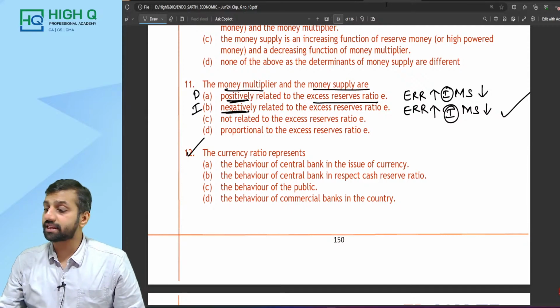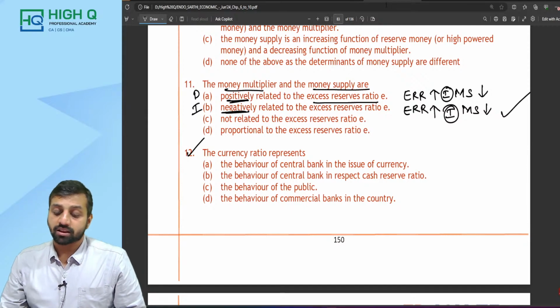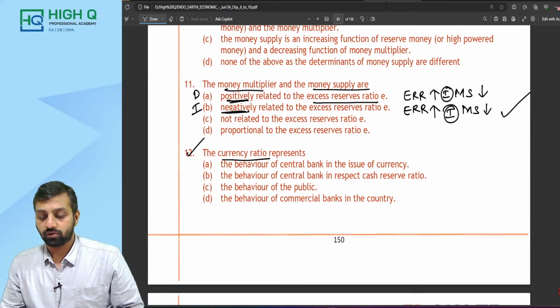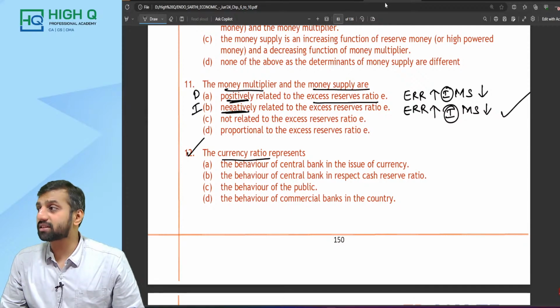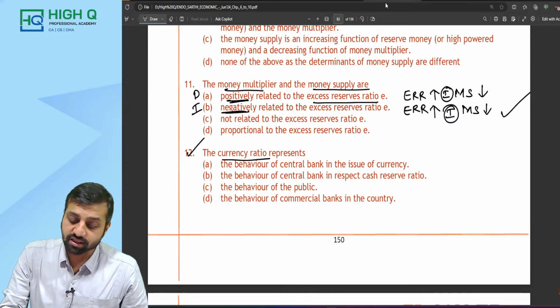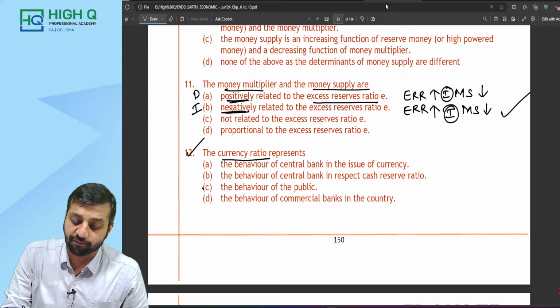For the 12th one, Preeti says the answer is C, the currency ratio. Currency means currency to deposit ratio. The answer will be the behavior of the public.